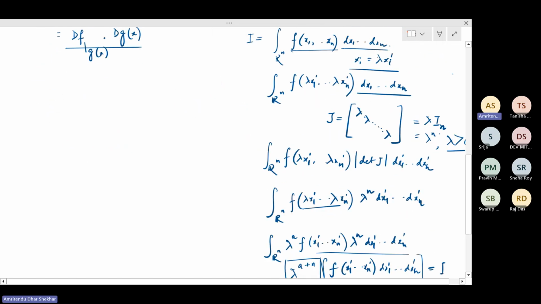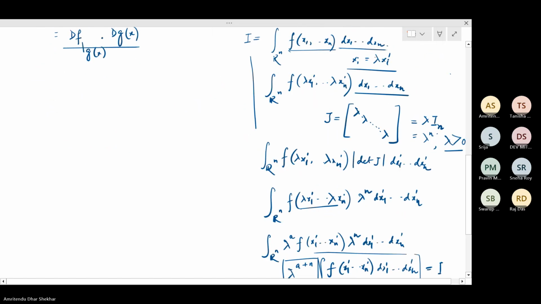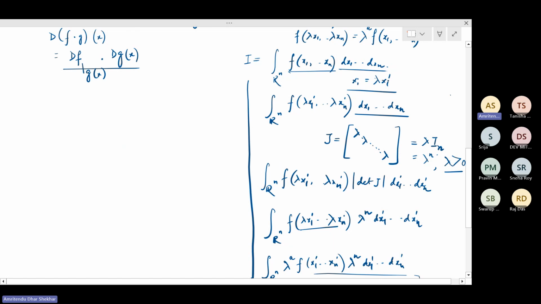So let me write this. Chain rule for multivariable calculus.